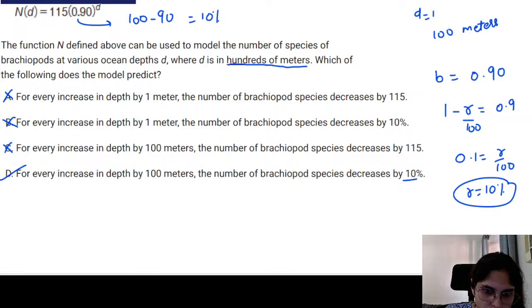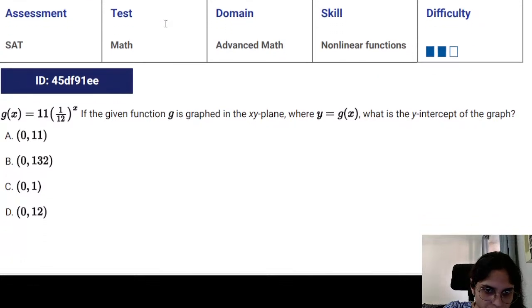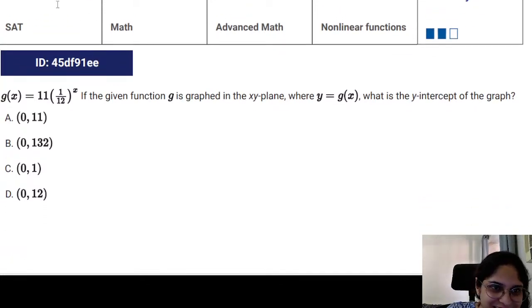Yeah, next question is question number 95. That will be on page number 96. What is the y-intercept? The y-intercept is 11. We can directly see, because this is your y-intercept. Or you can put x as 0 as well.